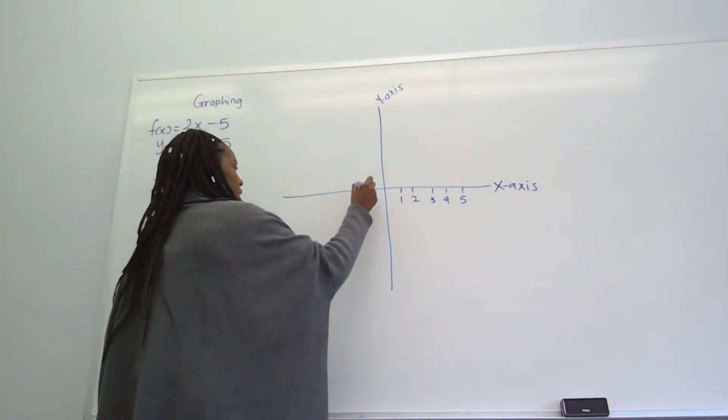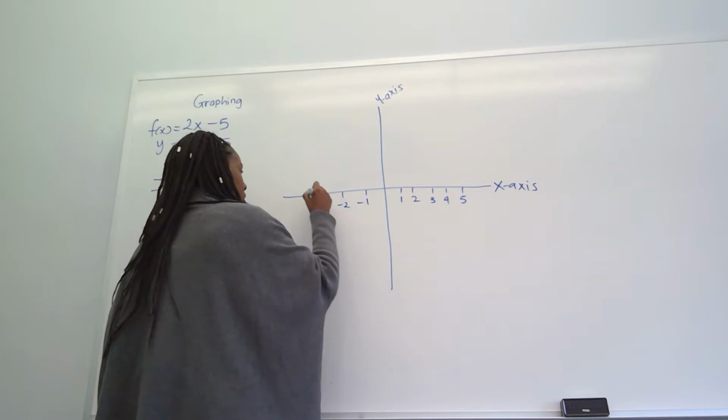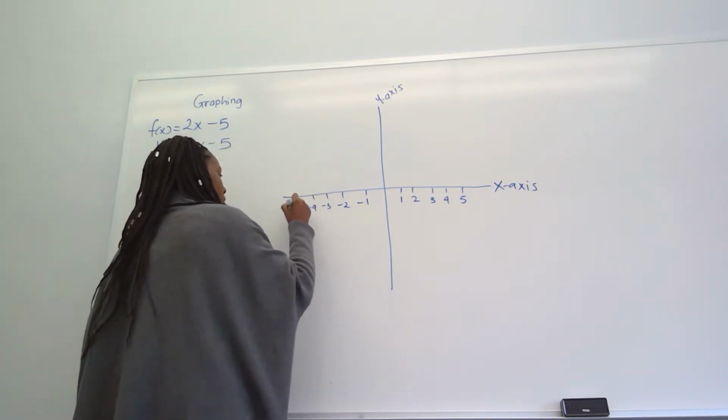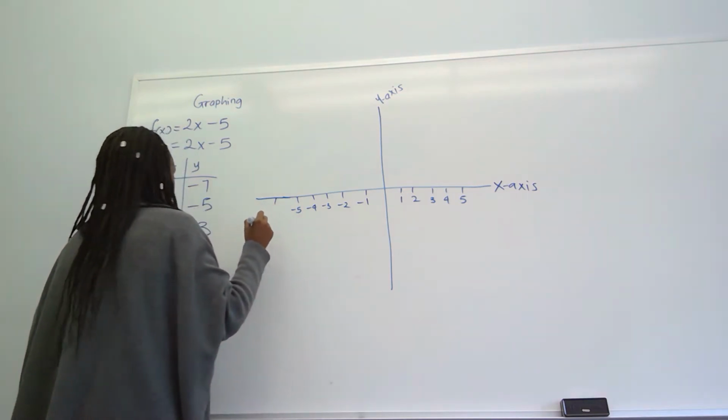And then this is the negative side, -1, -2, -3, -4, -5.